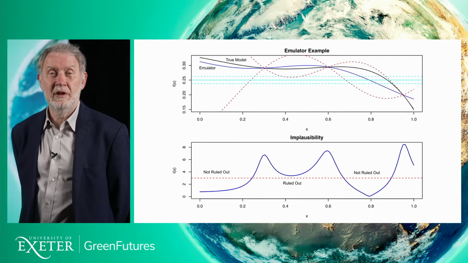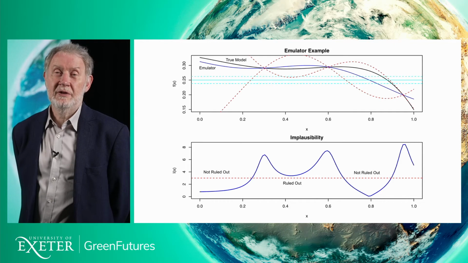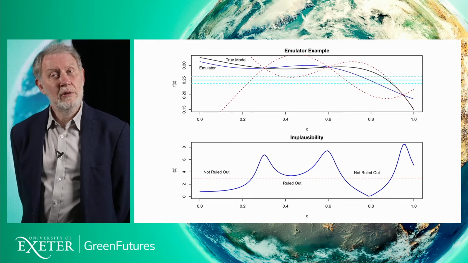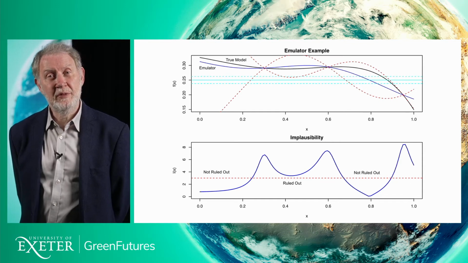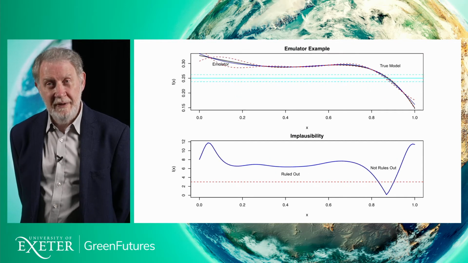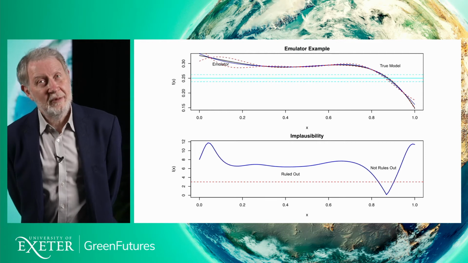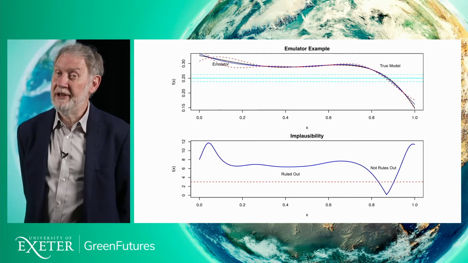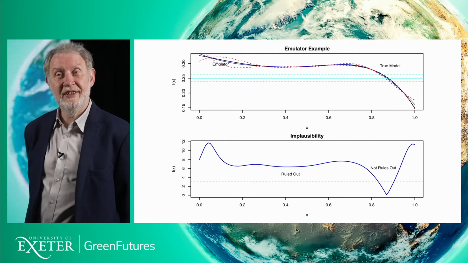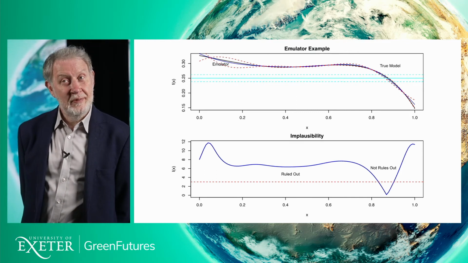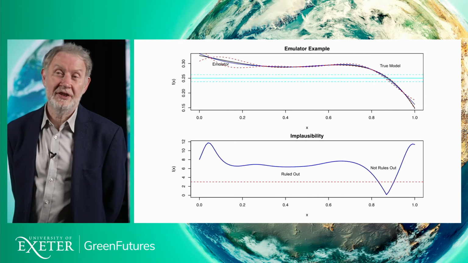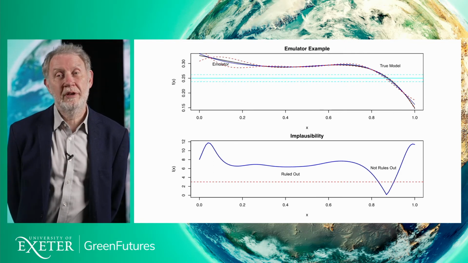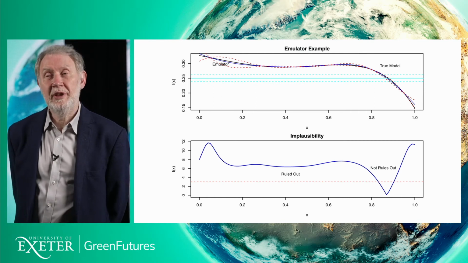So here we've got a region at the left that's not ruled out and a region at the right that's not ruled out. Now we focus in and we do some more runs in a carefully designed way, and we reduce the uncertainty on the left, and we reduce the uncertainty on the right, so the left gets ruled out, but the right-hand side is not ruled out because now it's only the data uncertainty that's driving the region we can't rule out. So that's how we could calibrate a model.